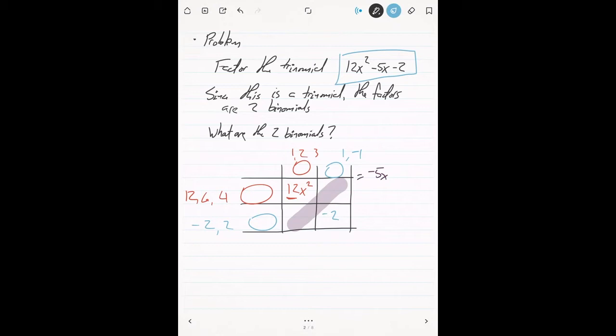And what's more, not only do I have to figure out what combination of values to pick, I also have to decide what order they go in. Because if I picked 6 and 2 and 1 and -2, let's say, then I would be multiplying the 6 by the 1 and the 2 and the -2 together.